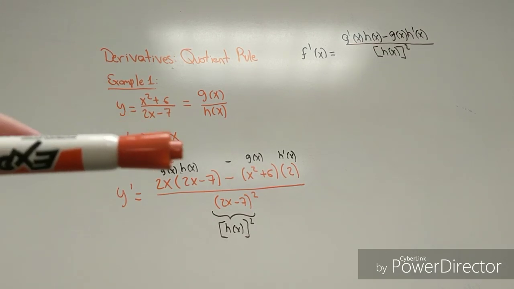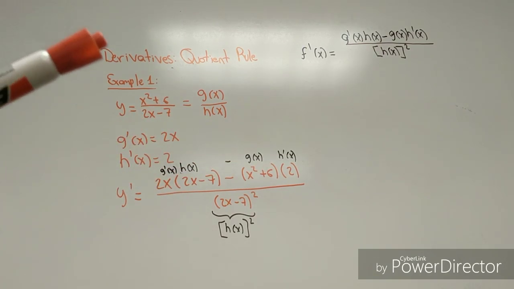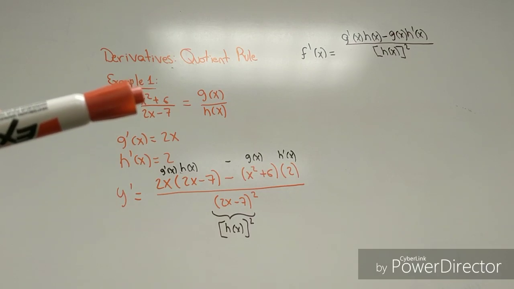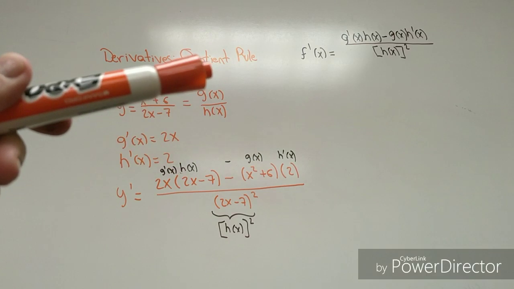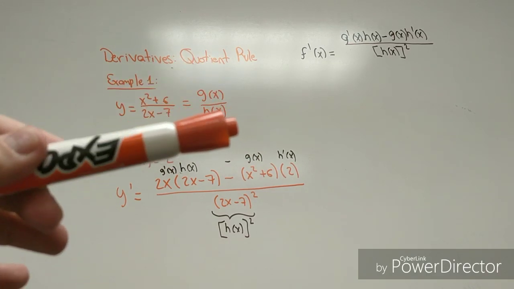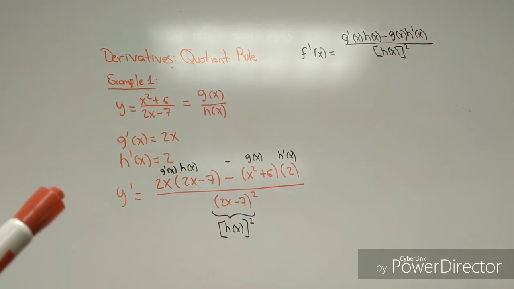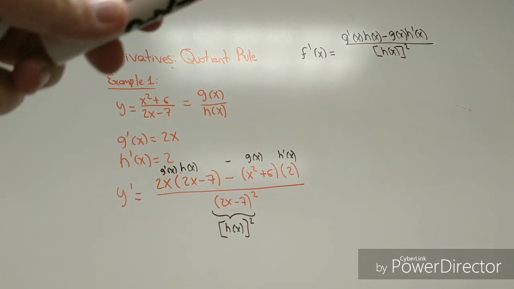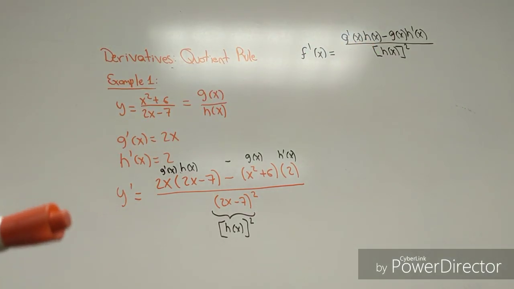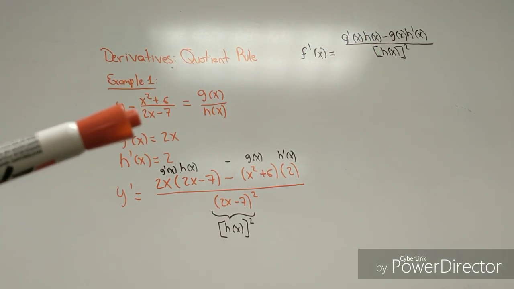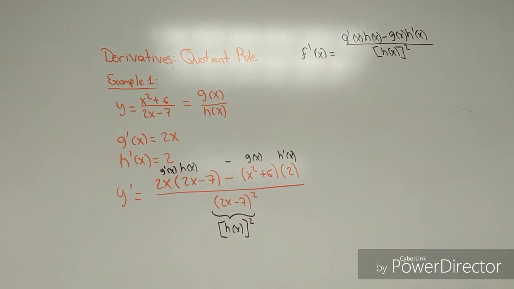And then we're going to use minus g, which is x squared plus 6, and we're going to multiply that by the derivative of h, which is going to be 2. And all of that is going to be divided by h squared, just like the formula says. And if h is 2x minus 7, then the denominator would be 2x minus 7 squared.